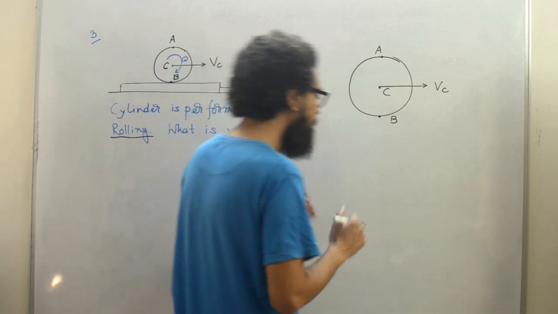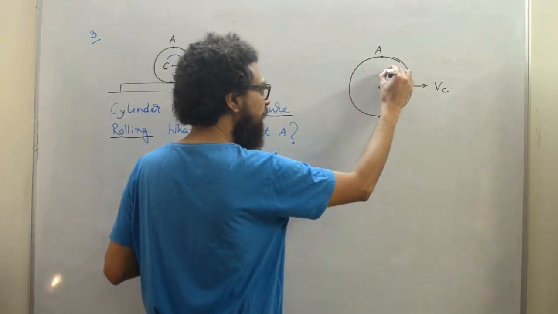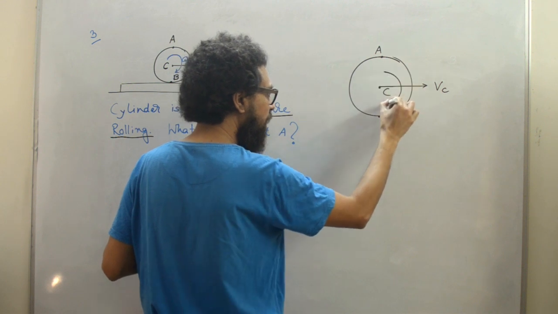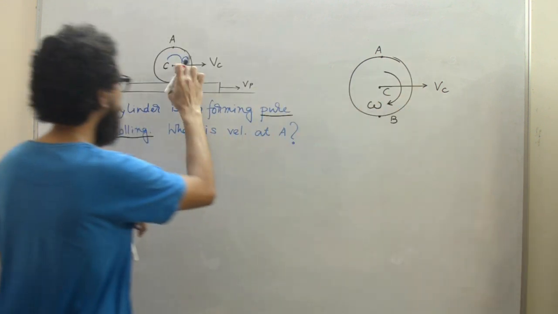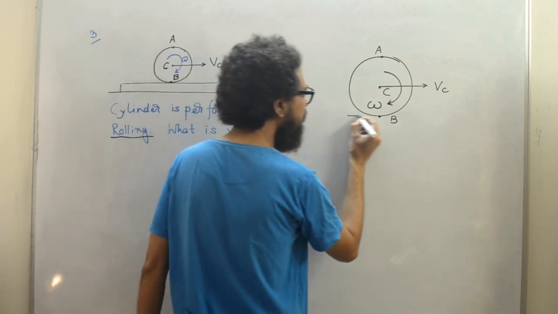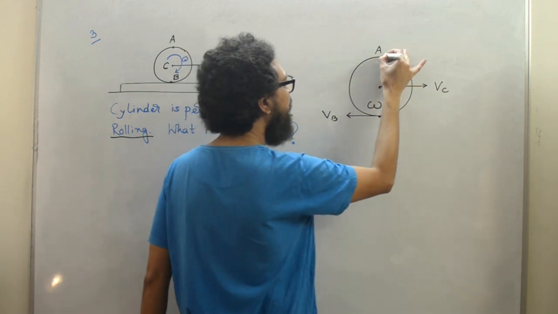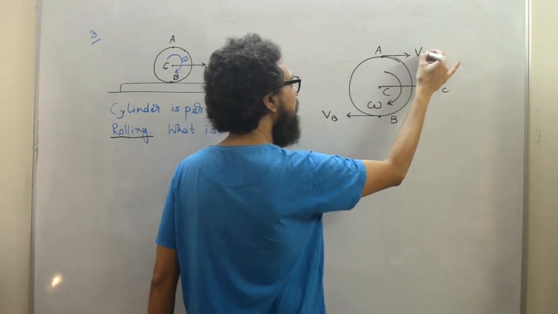Now, tell me one thing. Here, if it is rolling in this fashion, like the way I marked here, then we have a velocity here, Vv, and we'll have a velocity here which is Va.